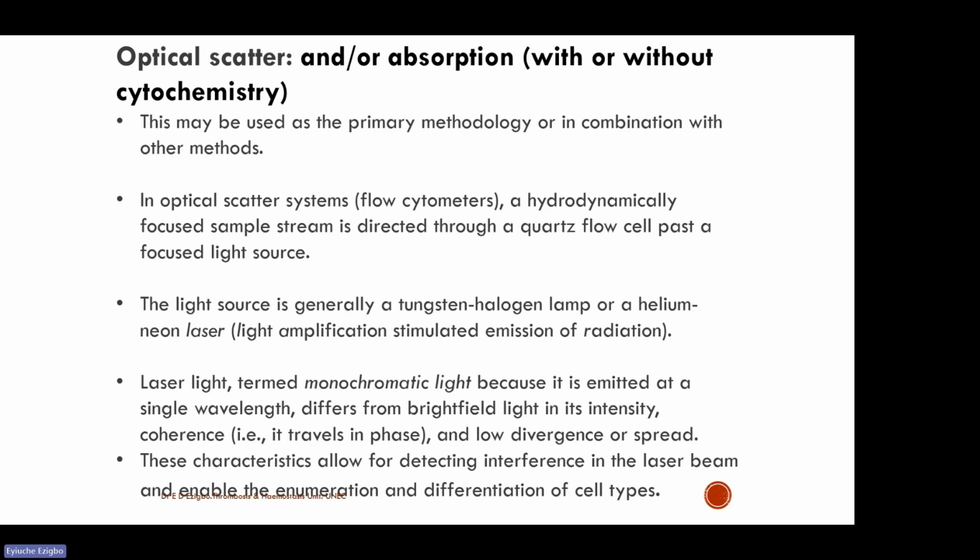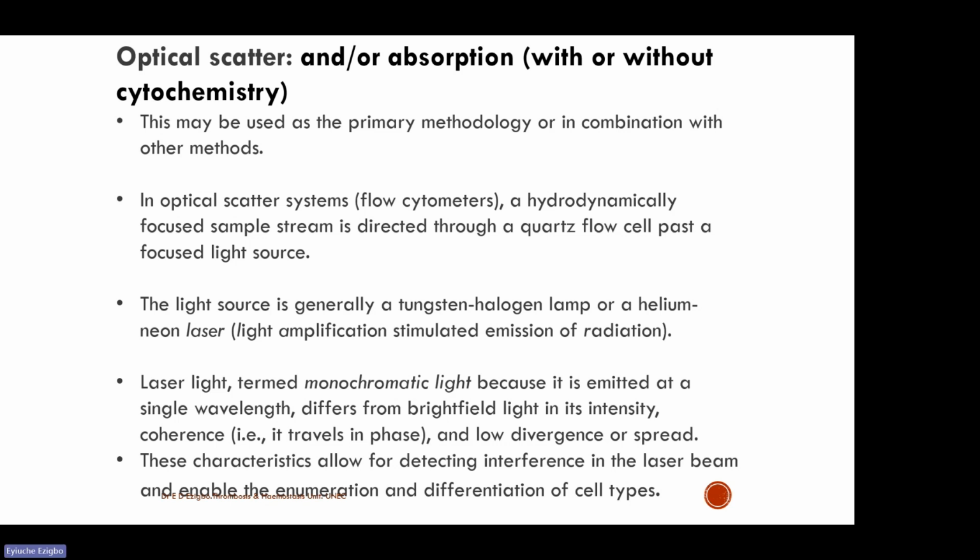The laser light, which is termed monochromatic light because it is emitted at a single wavelength, differs from bright field light in its intensity. Bright field light is the one we use in microscopy. So in this optical system, what they are using is laser light, a monochromatic light.